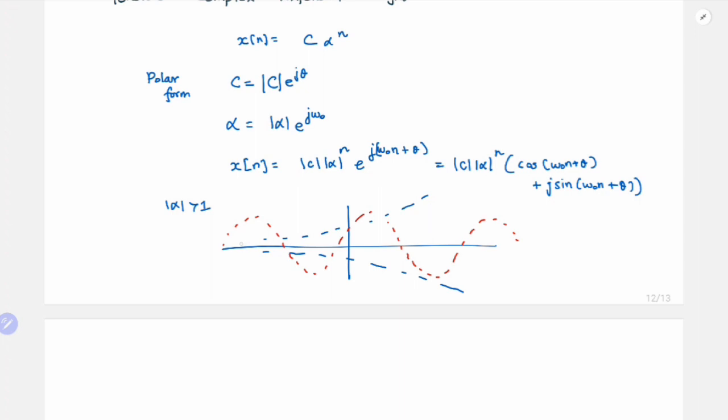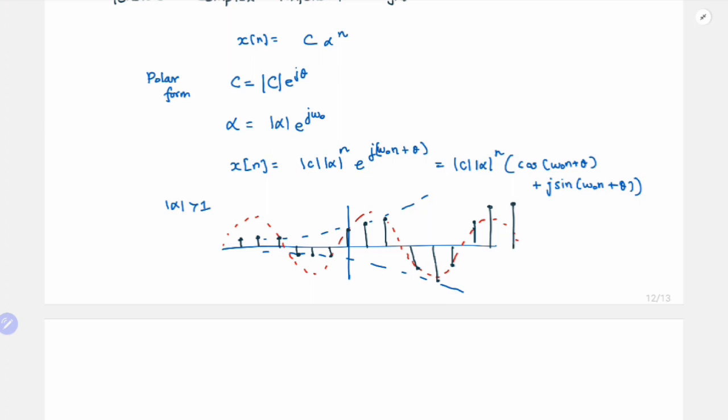So combining these both, it will just continue to grow very rapidly.